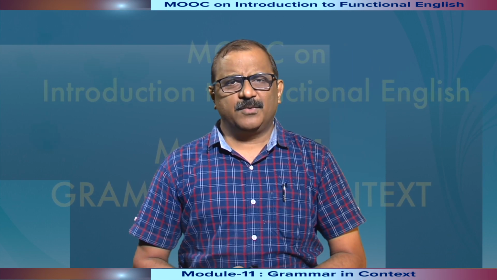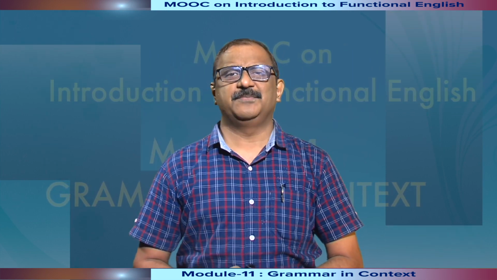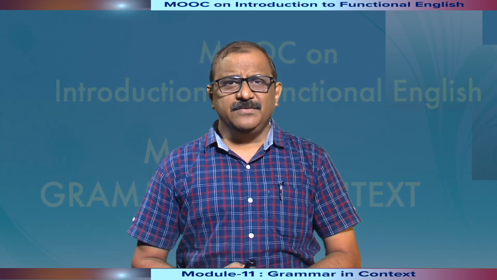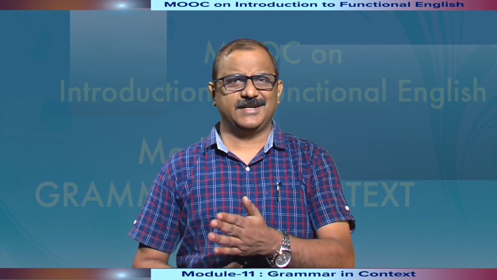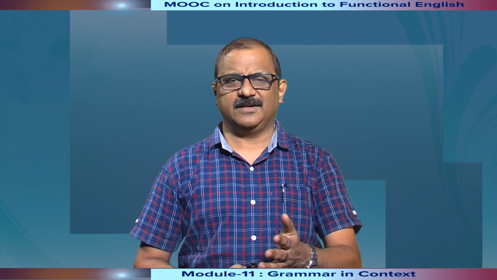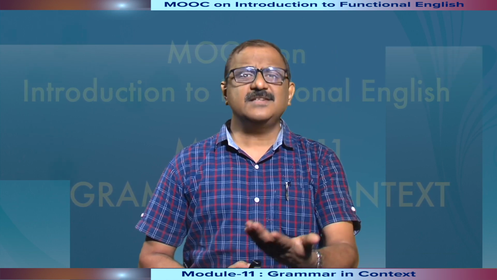If I just brush up whatever you learnt in your school and college days, then you will know that traditionally a sentence is divided into a subject and a predicate. But more advanced forms of grammar say subject and the verb. So there has to be agreement. What is this agreement?